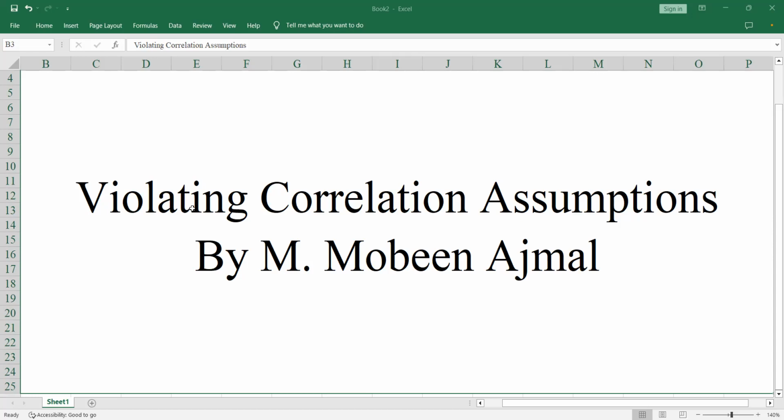So, the task at hand is, given a question, can you actually go from the question towards making the scatter plot of a problem where the correlation assumptions are violated?